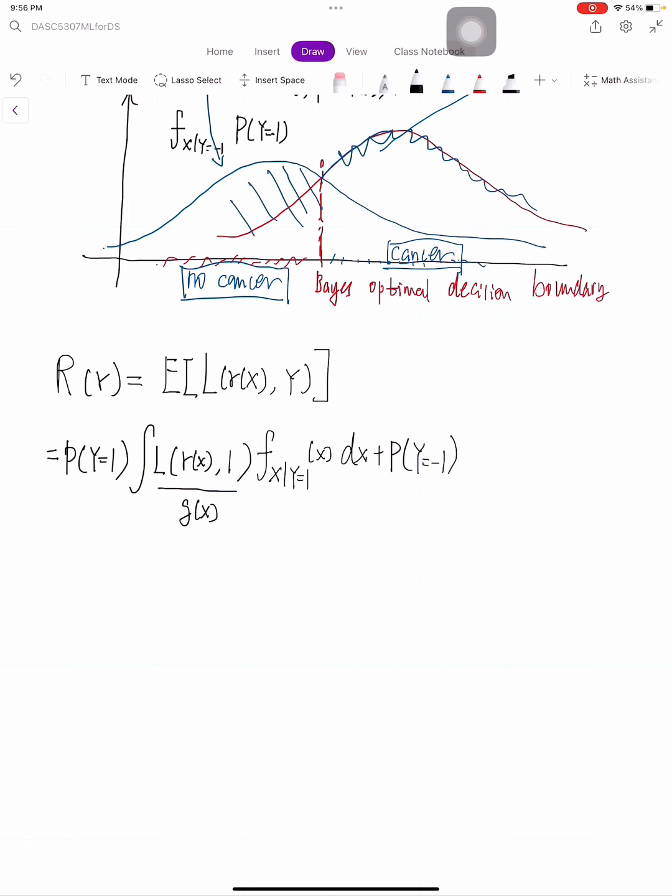And for the no cancer group, we predict -1, the true value is -1, and we multiply by the conditional density of x given y equal to -1. Okay, so this is how we find the risk function.